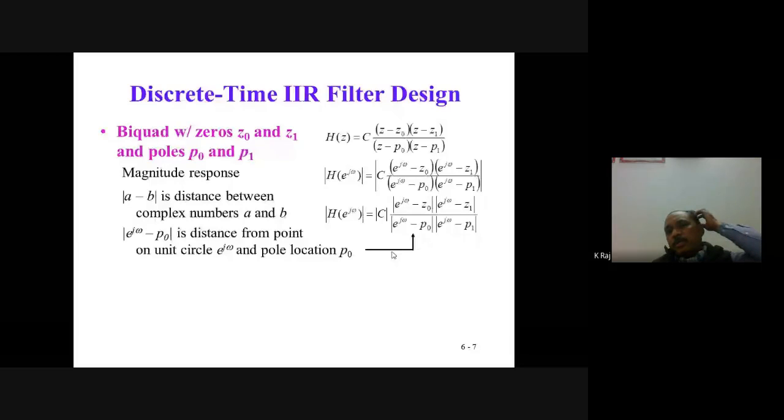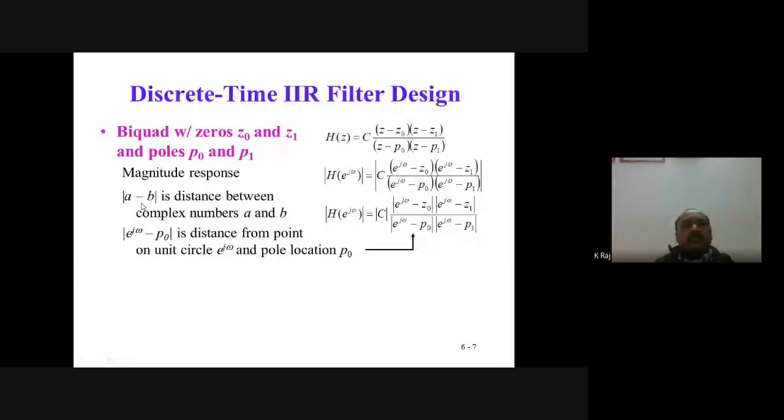If you consider the vectors a and b, the mod of a minus b is the distance between the complex numbers a and b. Similarly, if we see the denominator, we'll find these terms written as e to power j omega minus p naught and e to power j omega minus p1. These are the two poles here.